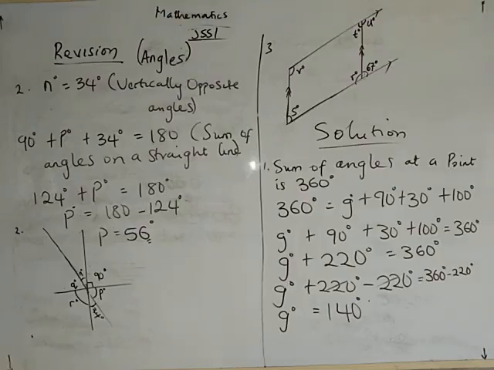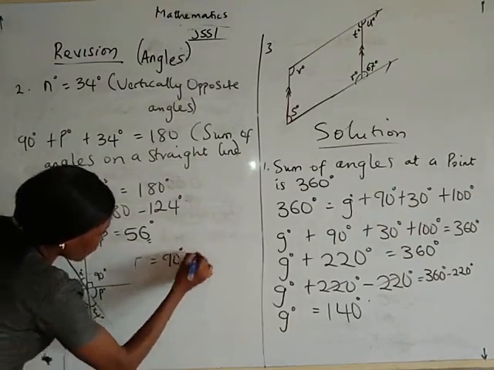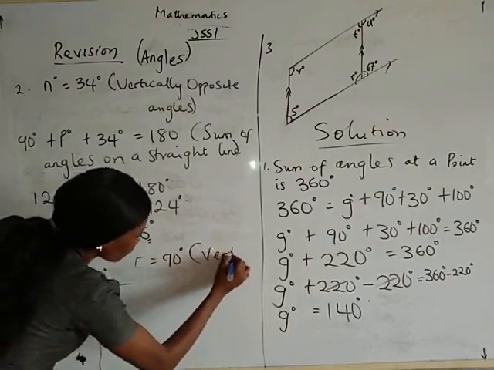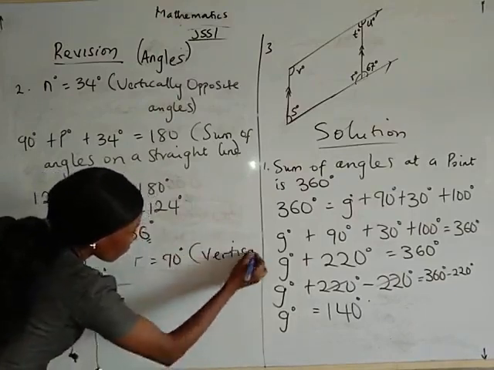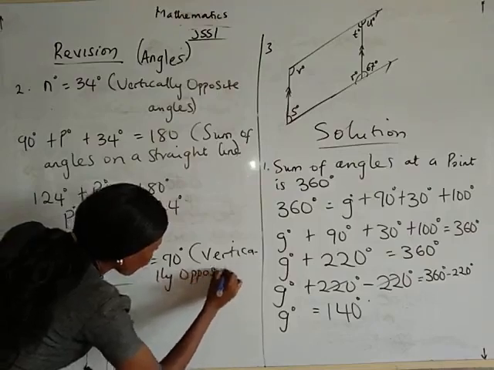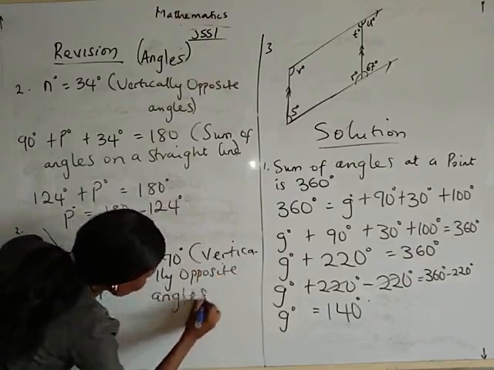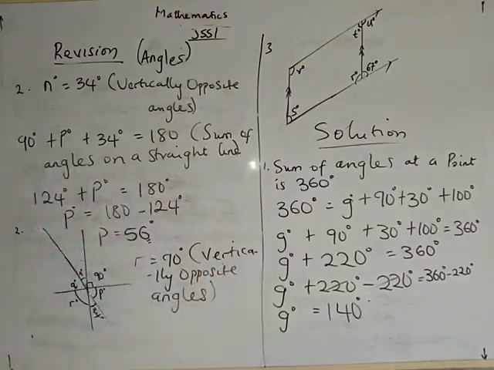Because they are vertically opposite angles. So R is equal to 90 degrees, and the reason for this is vertically opposite angles. That justifies your answer.